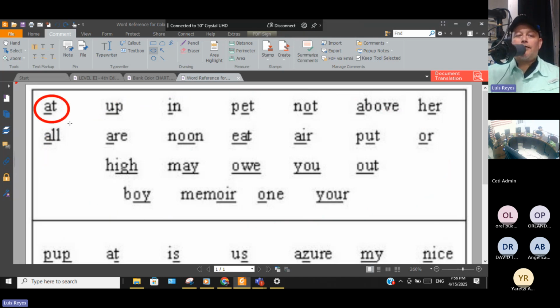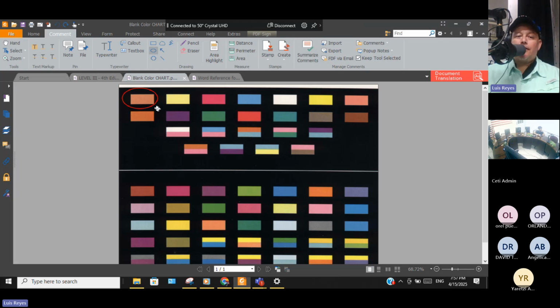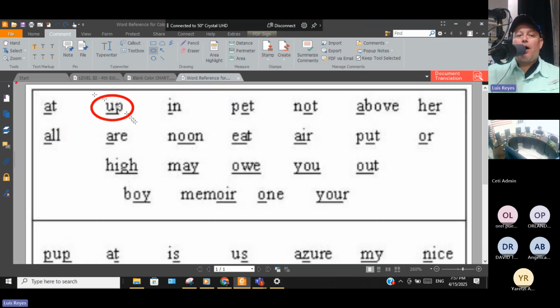The first word is at. Correct pronunciation, at. The sound is ah. The spelling is A-T, and it is located here on the color chart. Then we have up.